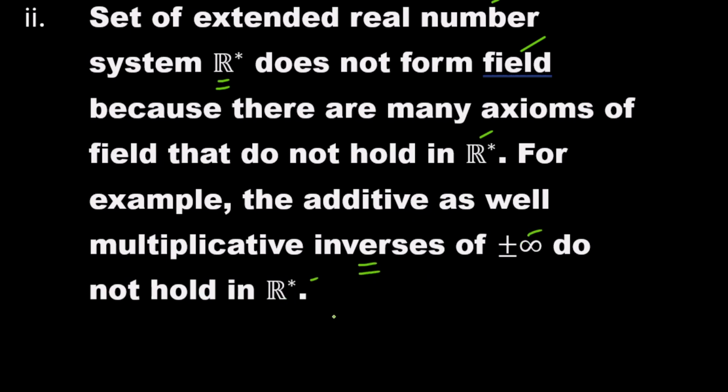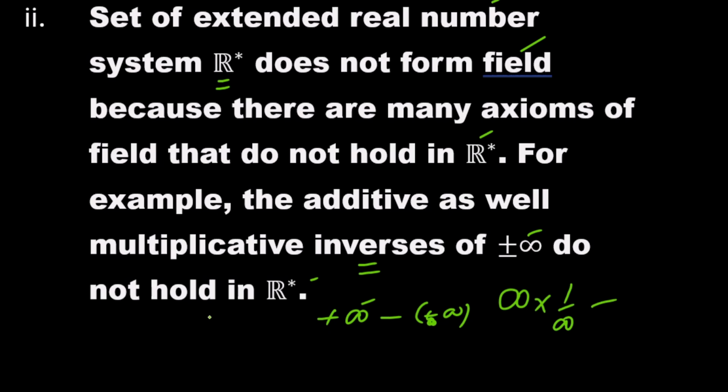If you say the additive inverse of plus infinity is minus infinity, this is wrong. Minus infinity is not the additive inverse of this. Similarly, what is the multiplicative inverse of infinity? If you say this is 1 over infinity, this is wrong.